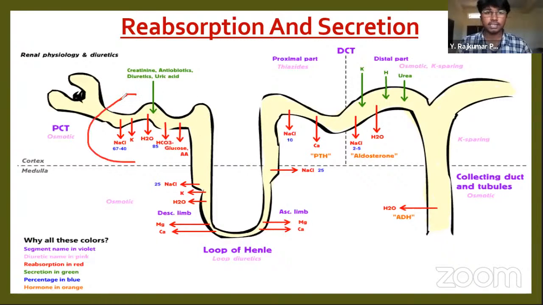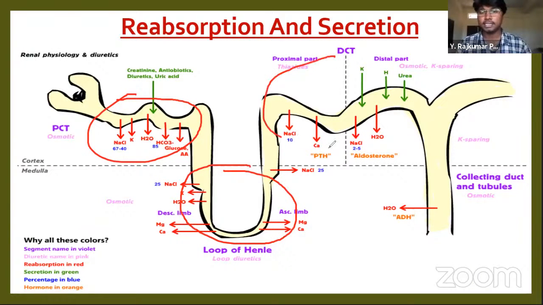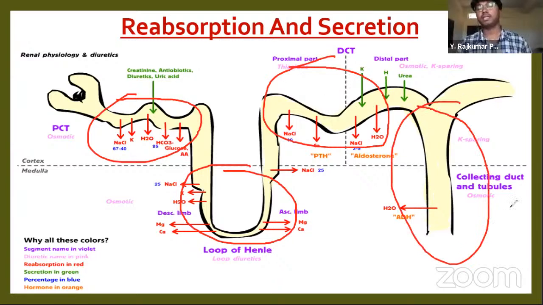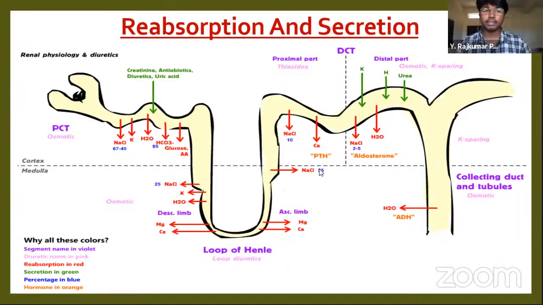This is the Henle's loop, and this is DCT, which is the distal convoluted tubule, and finally this is the collecting tube. So these are the different parts, and at different locations reabsorption takes place. Now we will learn at each part how the reabsorption takes place.